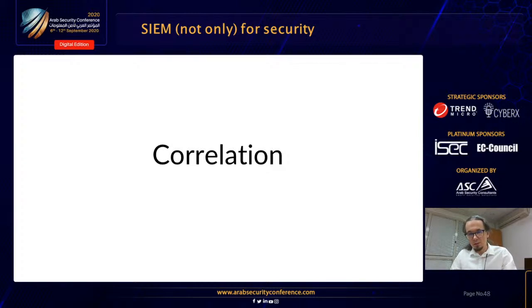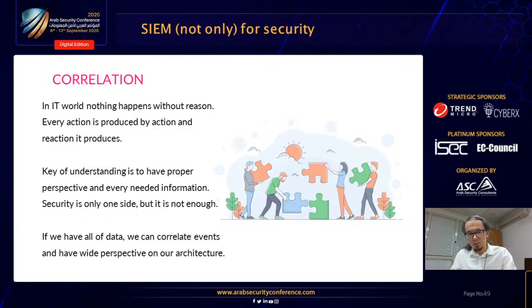Now let's look at the correlations. The correlations are really important, because if we are gathering a lot of information, then sooner or later we will be asking ourselves what it gives us, and the correlation is the answer, where I believe that there is no situation where something in IT happens without a reason. If, for example, you take a simple logging of a user into the interface, the user is typing username, password, and hits the login button.